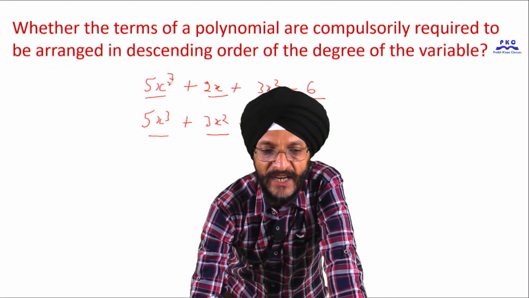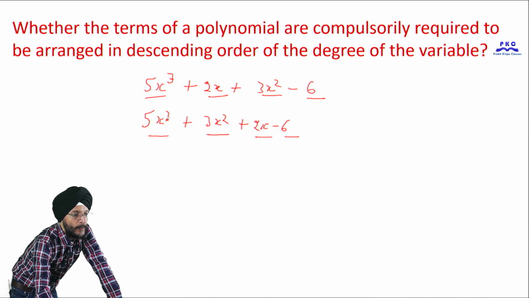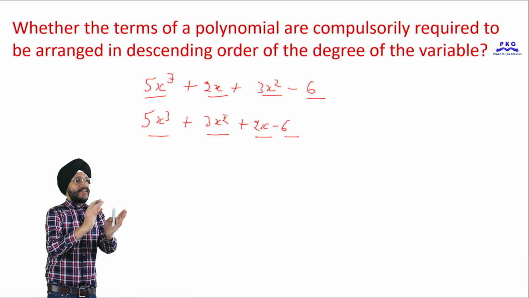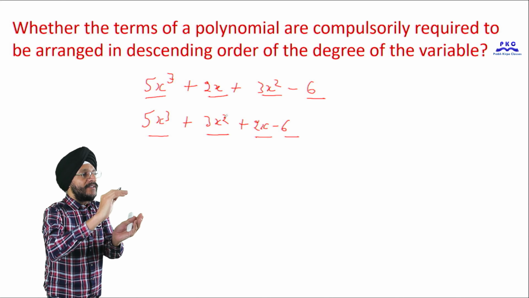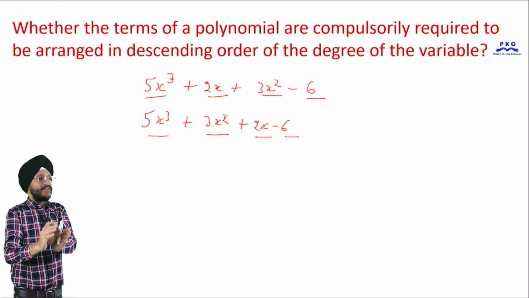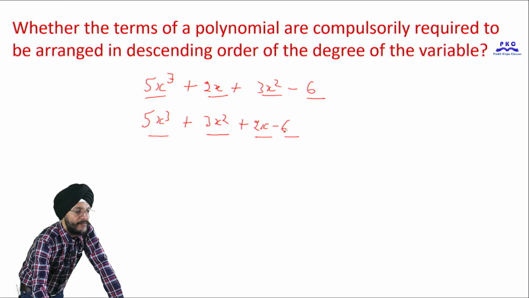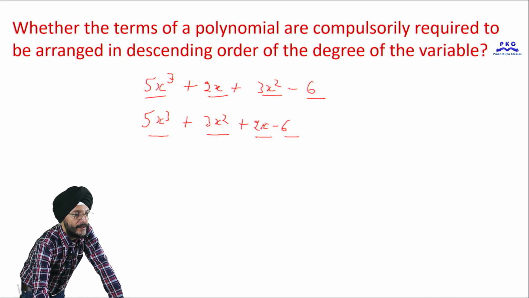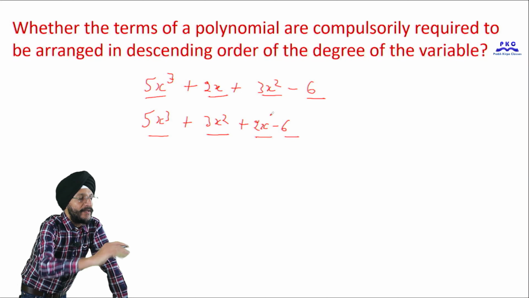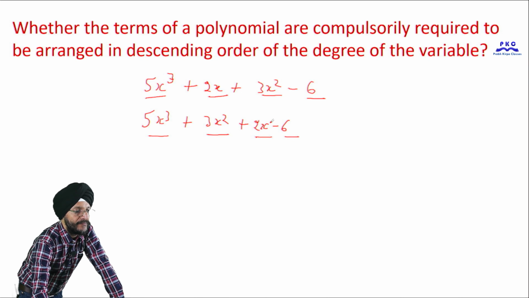From here you can see that 5x cube is to be followed by 3x square, and after that the term should come where the power is 1, or it may not be there. It can also be possible that there is no term with power x to the 1.